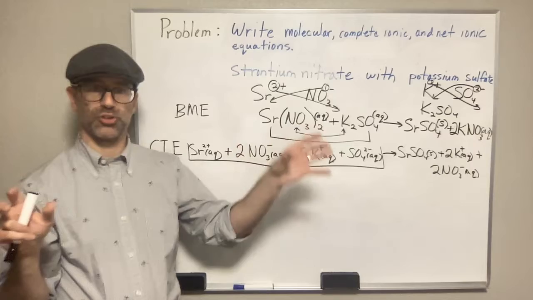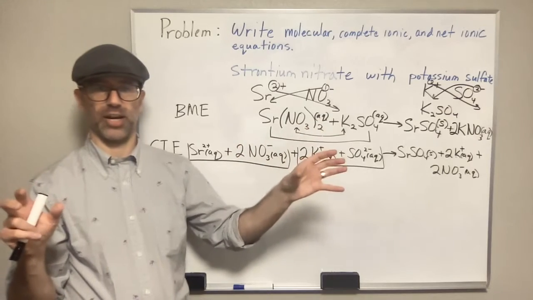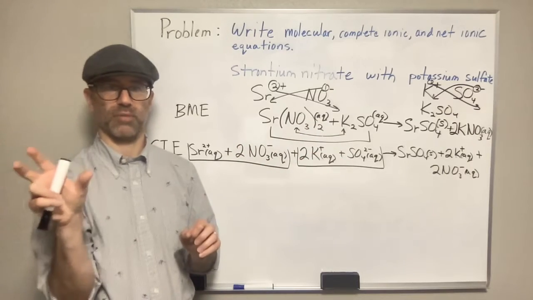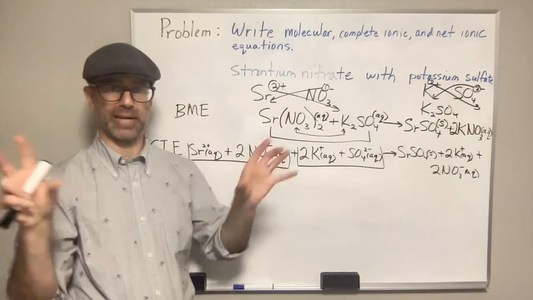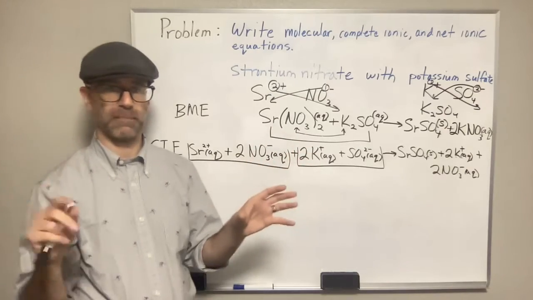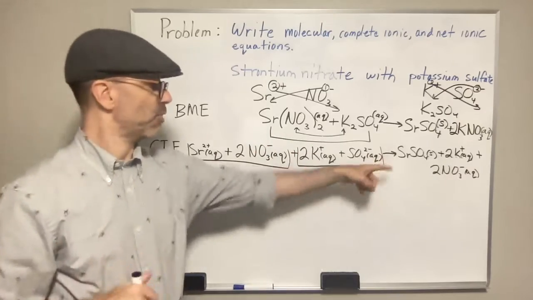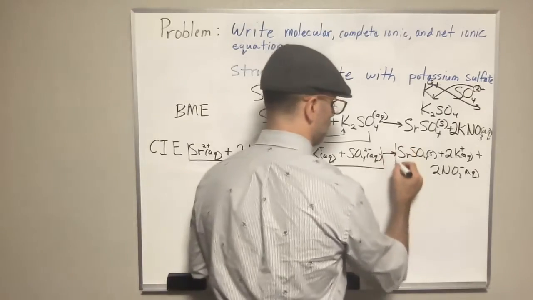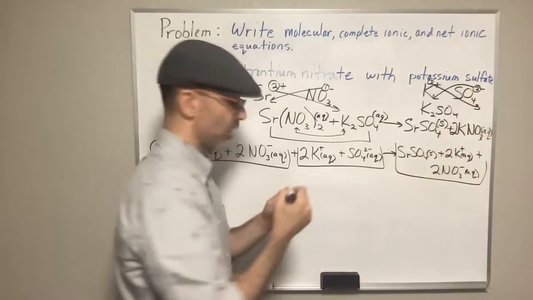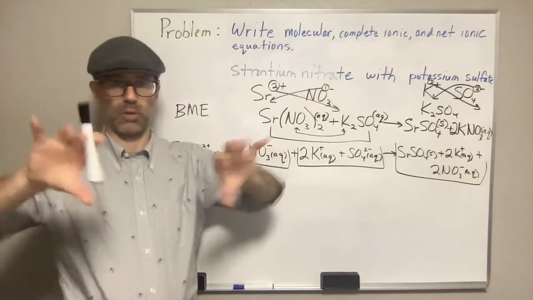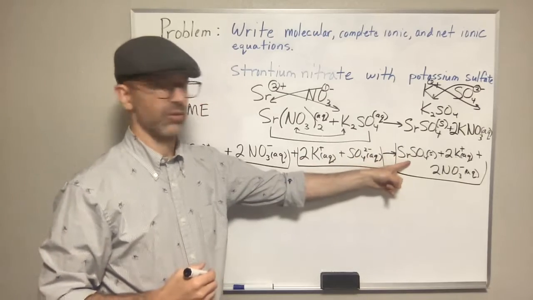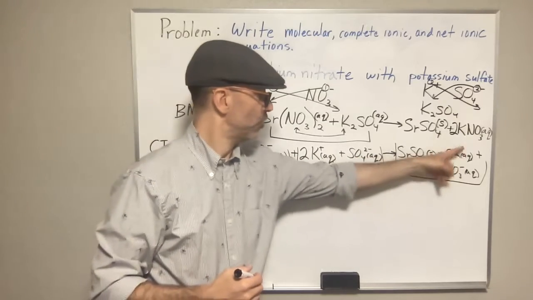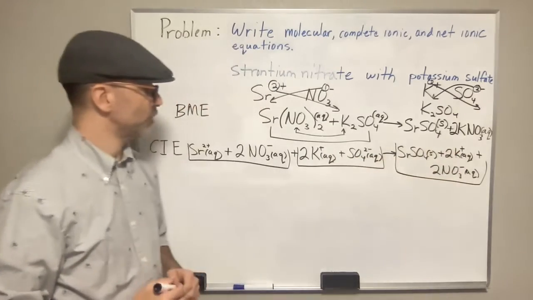We have a beaker with strontium and nitrate ions, and we have another beaker with potassium and sulfate ions, and they're floating around in their respective beakers, not doing anything. And then on the product side, we're mixing them together in one beaker, and what happens? A solid forms, and you get these ions left in solution.